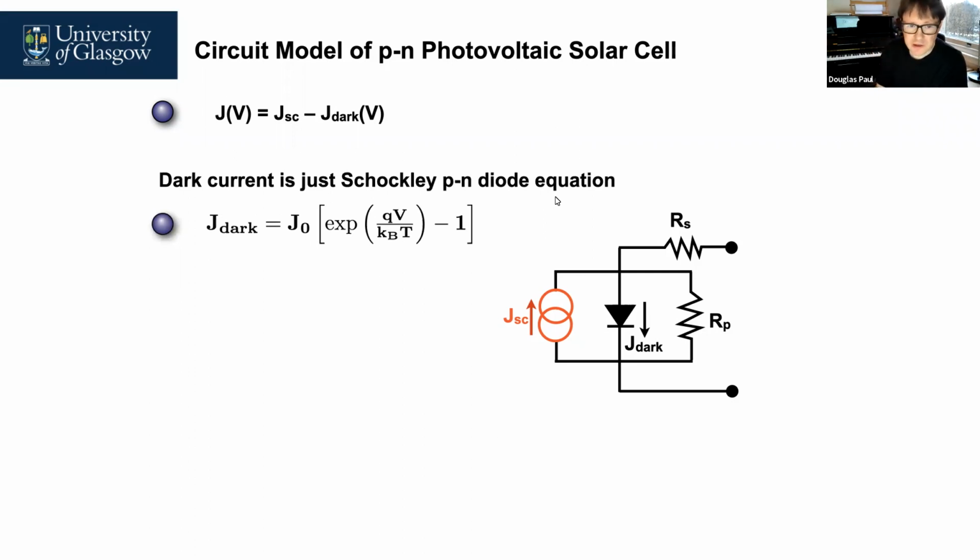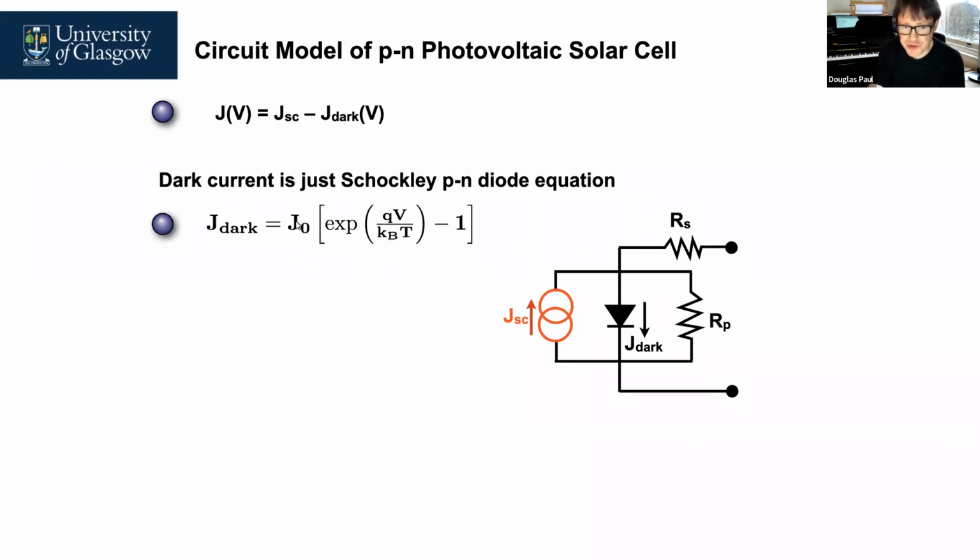So as I said, you can look this up in textbooks. I'm not going to derive this from first principles, but the dark current is given by a constant times an exponential, which is the electron charge, so 1.6 times 10 to the minus 19 coulombs, times the voltage divided by Boltzmann's constant, so 1.38 times 10 to the minus 23 joules per Kelvin, times the temperature, minus 1.